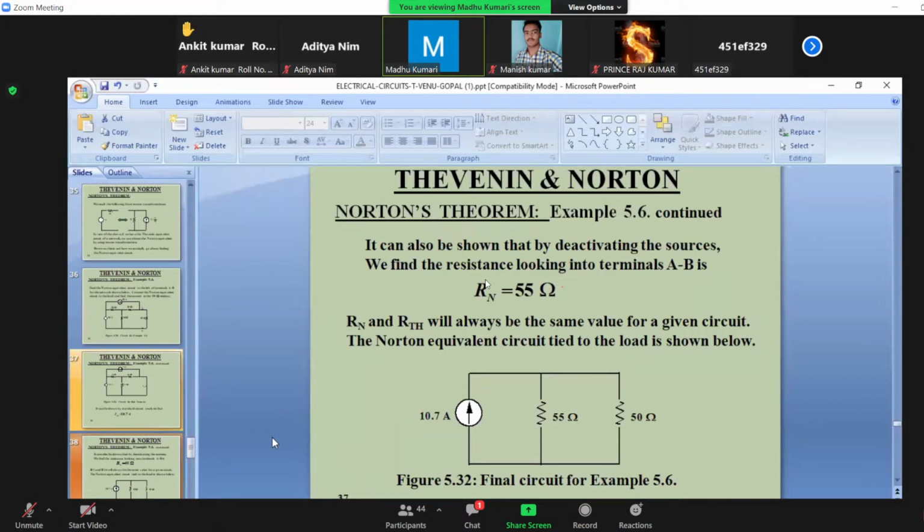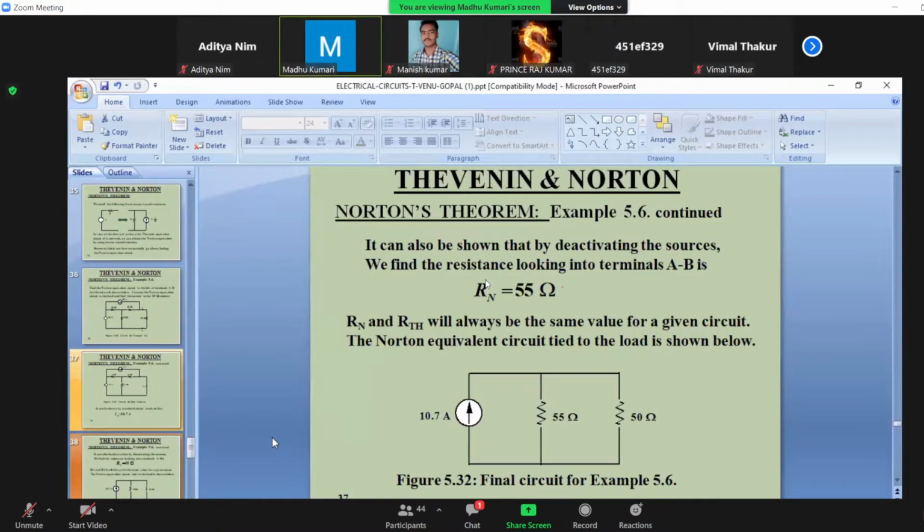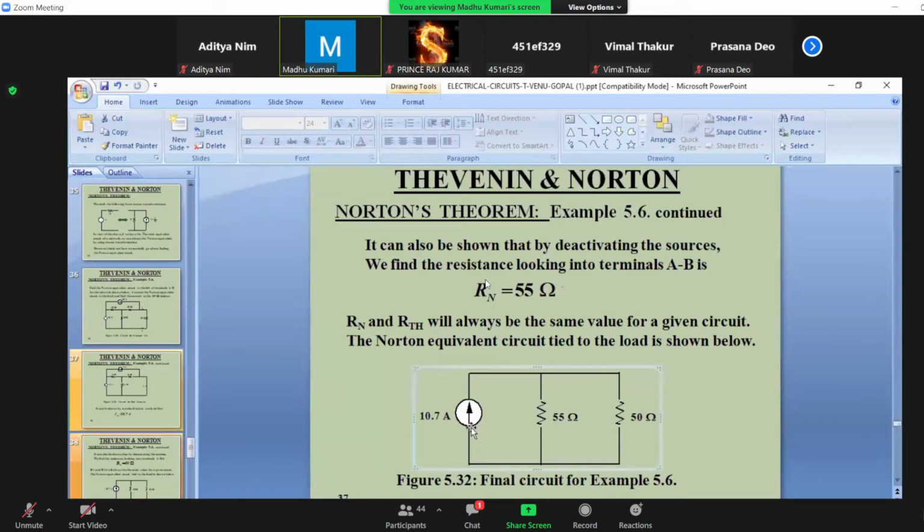What will be the value of R_N? 60 and 20 will be 15. 55. Yes ma'am. Now 10.7 ampere is I_N, the Norton's current source, and in parallel with that is 55 ohm, that is R_N.